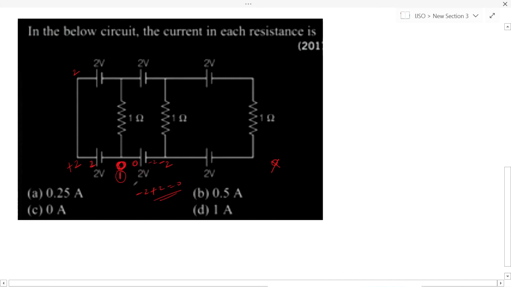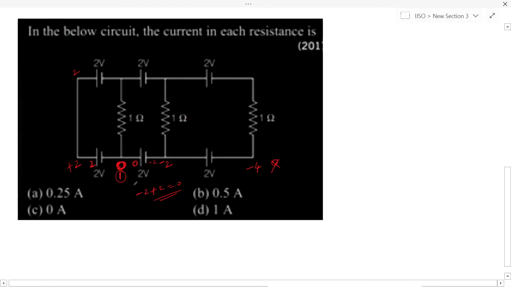Okay, so now what should be the next step? This is minus 2. This has to be minus 4. It's minus 2, then even that 2 volt you're taking as minus 2 instead of plus 2.